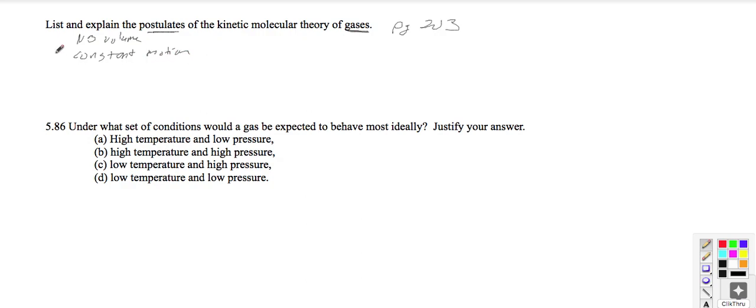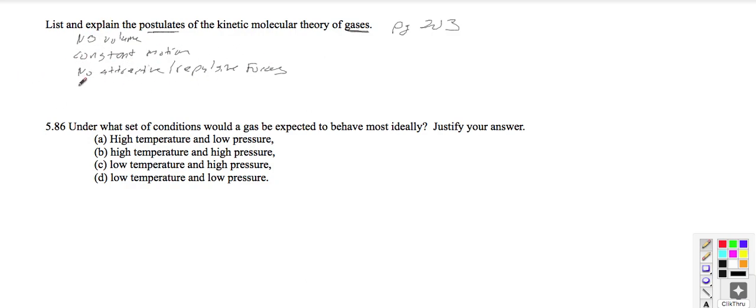All right, the next one, there are no attractive forces or repulsive forces. So they don't attract to each other, they don't repel each other. And so that's a pretty important one that we're going to come back to.